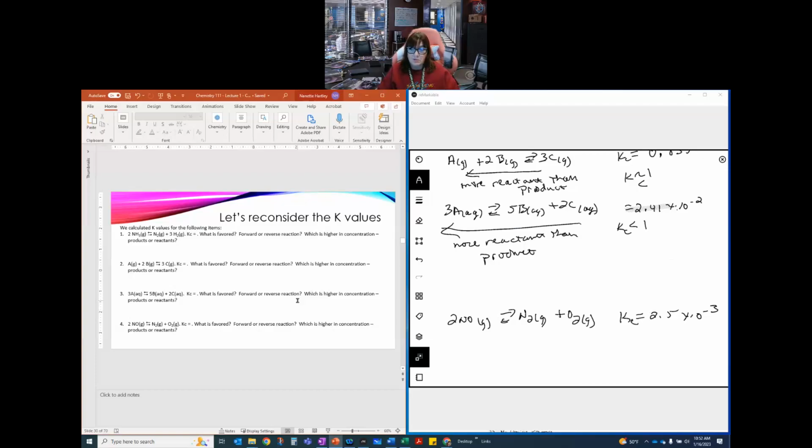Again, that's my Kc value for this. 2.5 times 10 to the minus third is still a Kc less than 1. That means that we're favoring the backwards reaction. We're going to have more reactant than product.